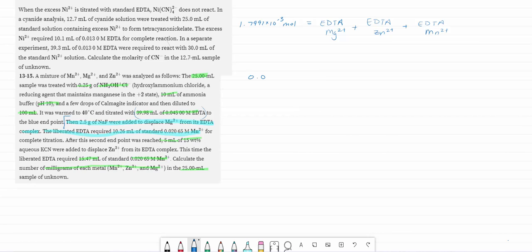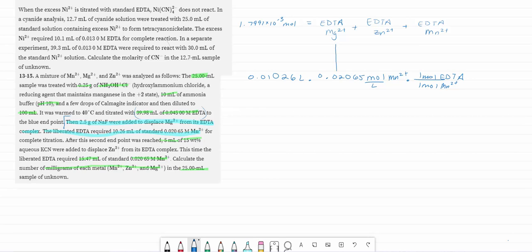So I'm going to start 0.01026 liters of EDTA times 0.02065 moles per liter. Let's see, this is manganese. And that manganese, because what we need is the EDTA, 1 mole EDTA.